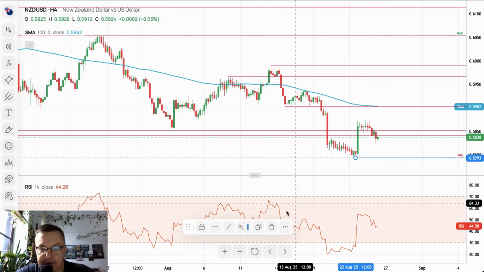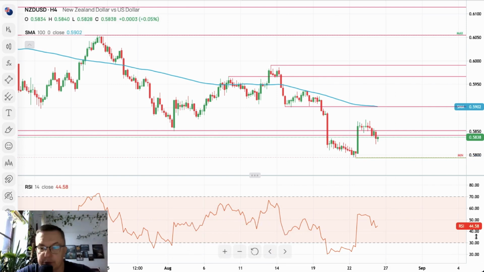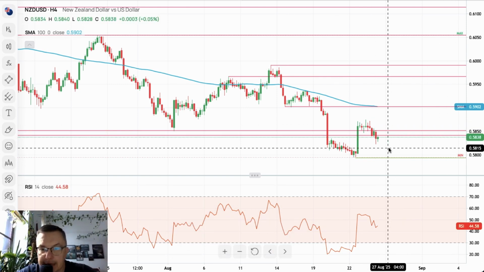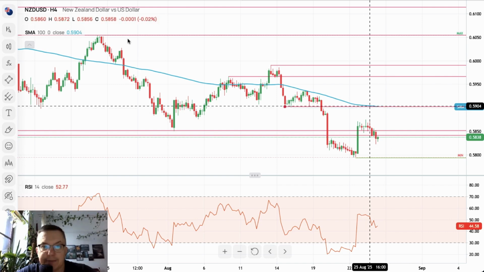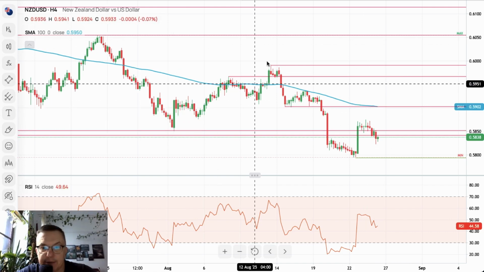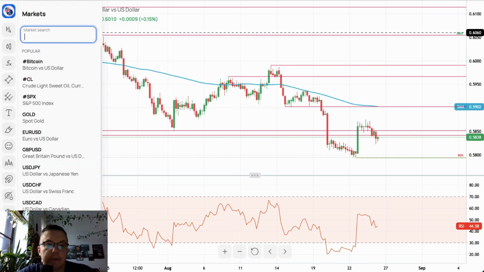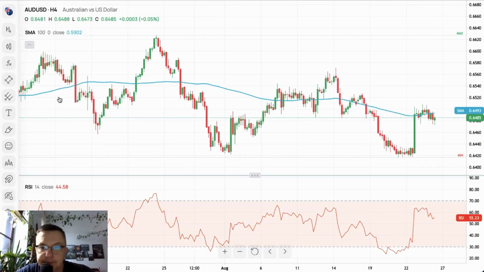Next target 0.5793. This is the local technical support with the momentum at 44 points only. The outlook remains bearish. We are trading below the 100 periods moving average as well, and the sequence of consecutive lower highs and lower lows is being continued on the New Zealand dollar, so the outlook remains bearish.